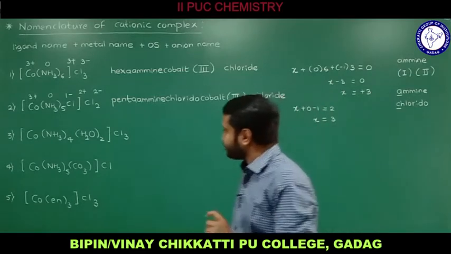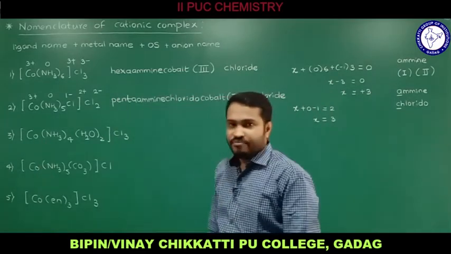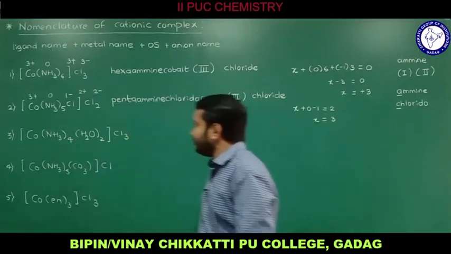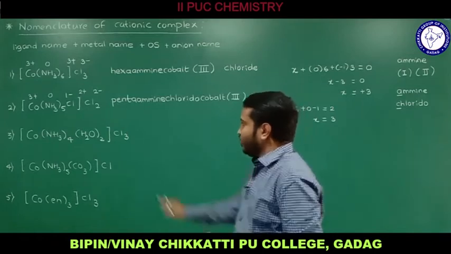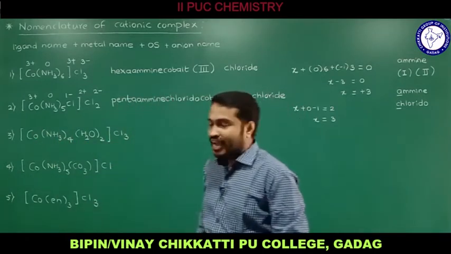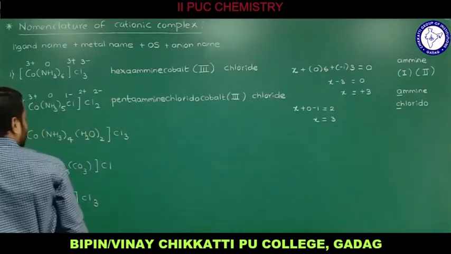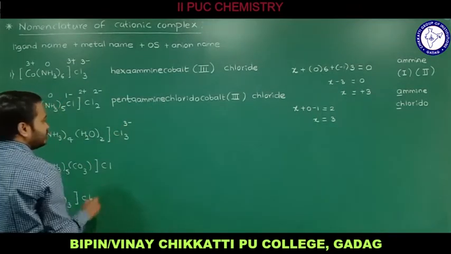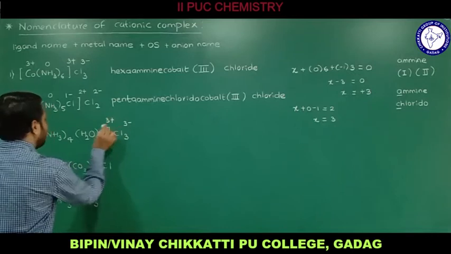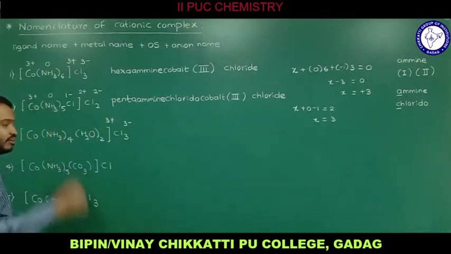Next example, cobalt we have, NH3 we have, and H2O and Cl3 we have. Coordination sphere we have, and we'll see whether it is a cationic complex or not. Cl is 1 minus, 3 we have, therefore 3 minus, and ultimately the charge of the complex will be 3 plus, a cationic complex.